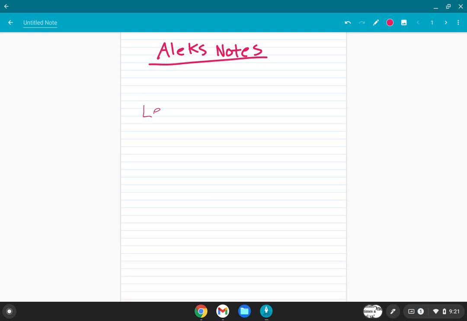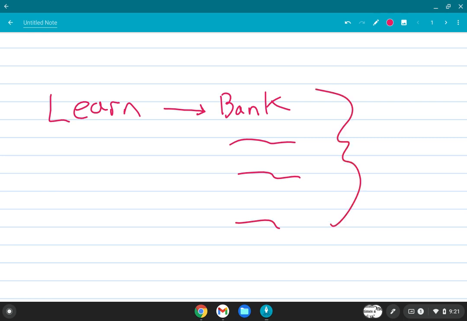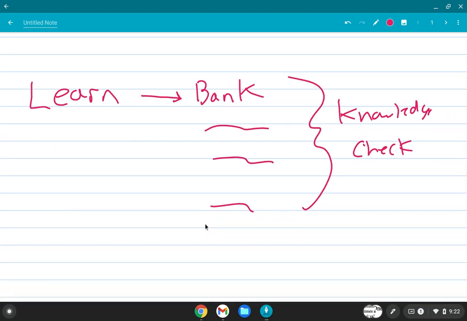So the way this works is you learn a topic, and once a topic is learned, it goes into this bank, this list of questions that can then be cycled into your next knowledge check. It can assess you on everything, but it will assess you on some things. And if you get that question wrong, the topic that you really struggled with, it's going to unlearn it and send it right back.